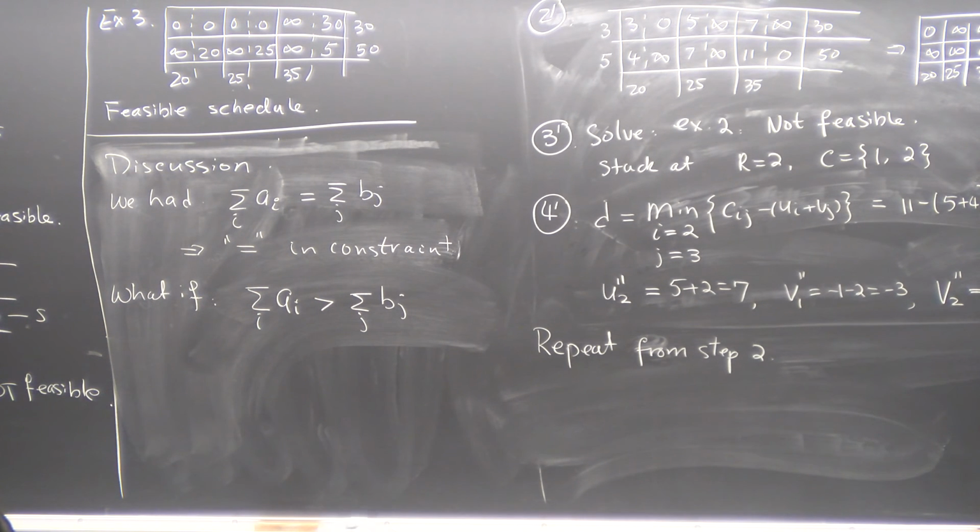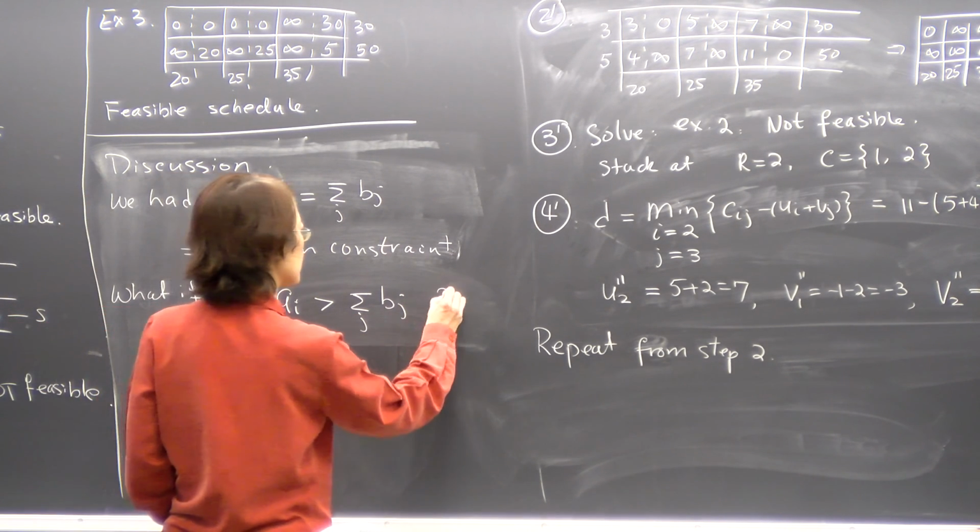Then this could lead to inequality signs in the constraints. I mean, theoretically speaking, is that right? Because I will have slack, I will have surpluses, some warehouses that will not be shipped where all the demands could already be met. You agree? So, okay, any suggestions? What do you think one should do?